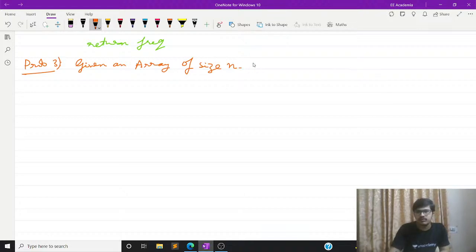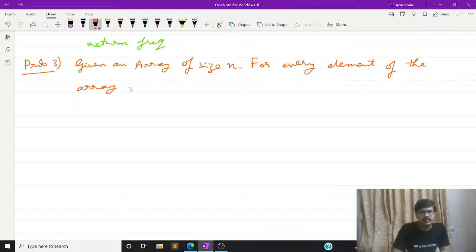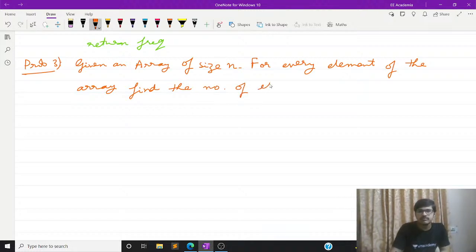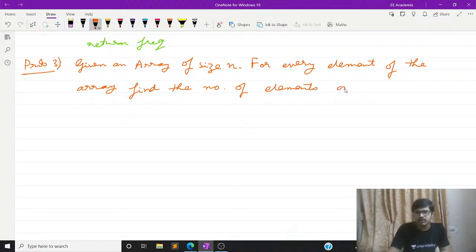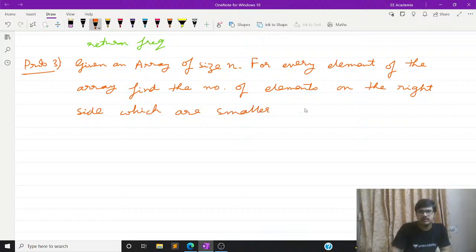So what I do, for every element of the array, find the number of elements on the right side which are smaller than that element.